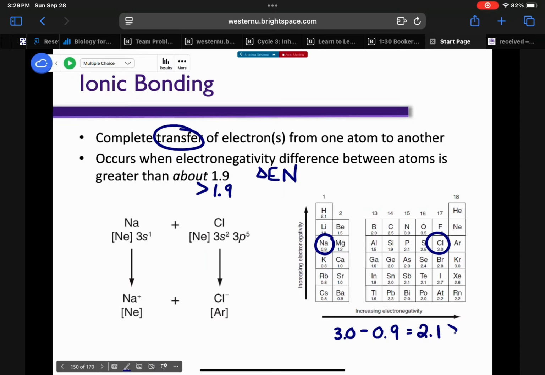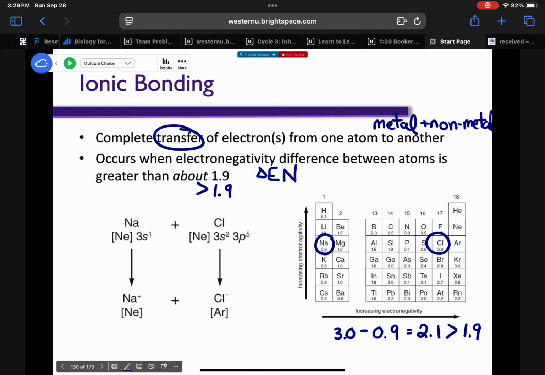Therefore, we can predict that it's likely going to be an ionic bond. We can also see that sodium is a metal, chlorine is a nonmetal, and they tend to form ionic bonds. Nonmetal tends to form covalent bonds. We're bonding on the right-hand side of the periodic table.